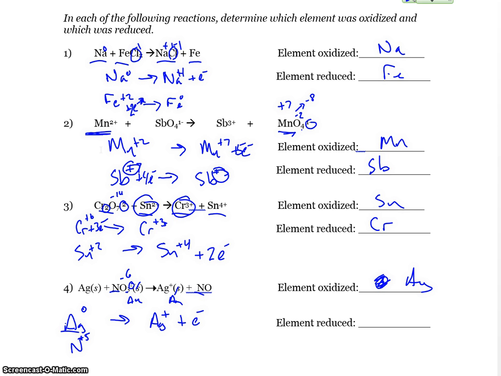So nitrogen with a +5 oxidation number is going to turn into nitrogen +2. The way we do that is we have to add 3 electrons to it. So here we're reducing our oxidation number from a 5 to a 2. Nitrogen's being reduced.